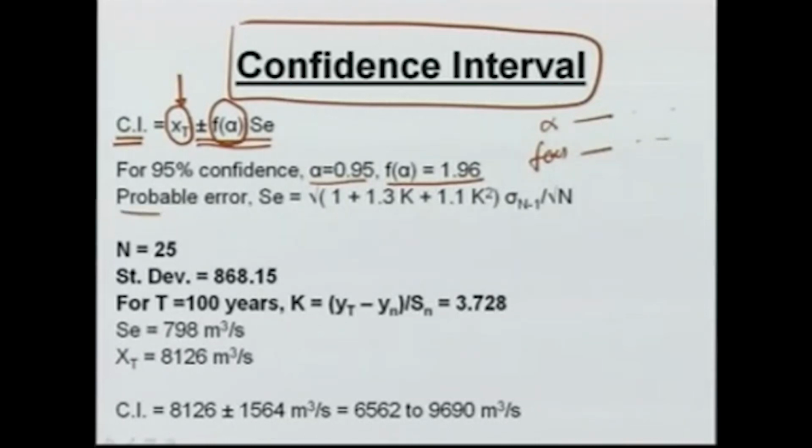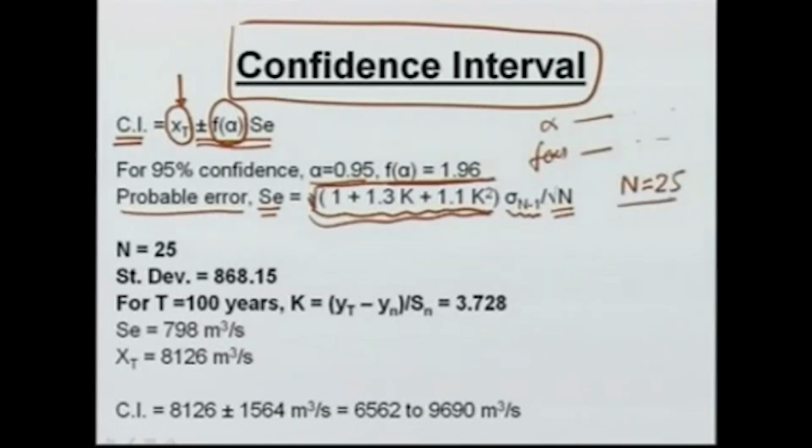SE is a probable error which is given as some constant, and that constant is related with K, and this square root sign is over this whole term. So, this term is a function of K. Then we have this standard deviation and square root of n. n is the number of data. In this case, we have 25.